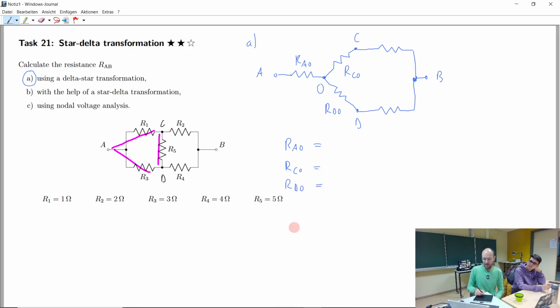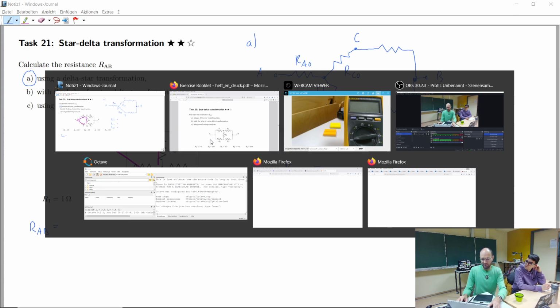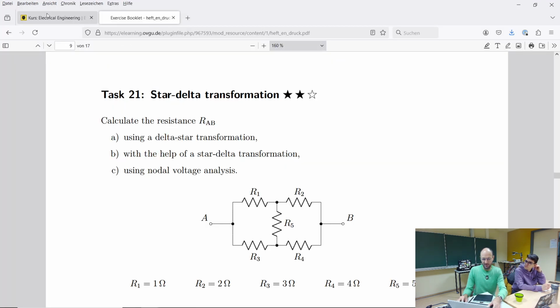And if we have them, how can we calculate from them the final equivalent resistance RAB? Well, first it helps to imagine the delta still on top and then the adjacent resistors as a product divided by the sum of all resistors is... yeah, so at the end, we need to have these formulas.